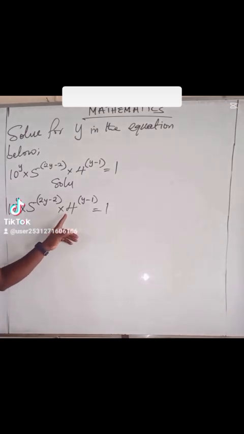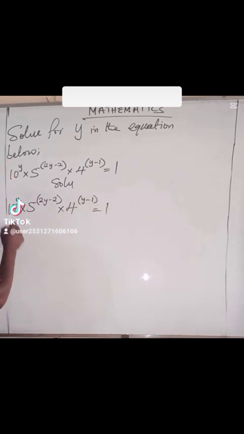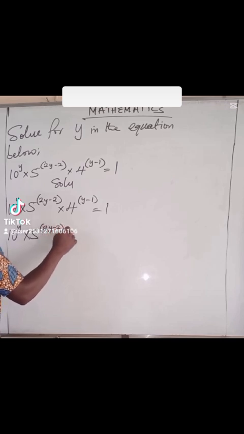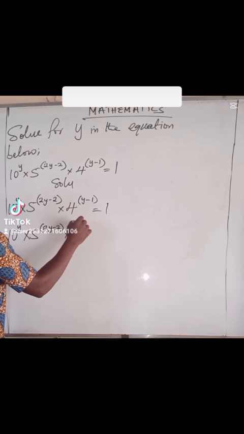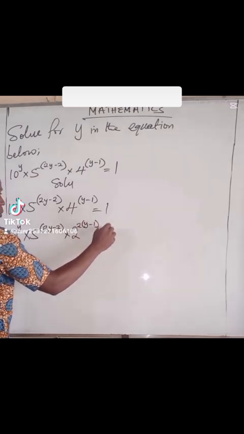I'm going to write 2^2 here because I know that 2^2 is going to give me 4. So I will say 10^y × 5^(2y − 2) × 2^2(y − 1), multiplying it with the power, so that I'll have y to power 1, equals 1.